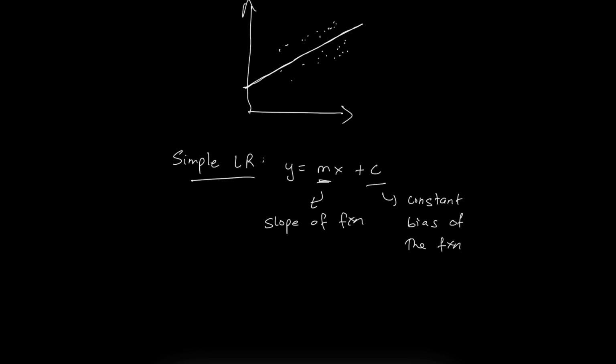Now in machine learning, bias usually means that there is some residual constant that we add to the function. Let's say x is our feature and y is our label.